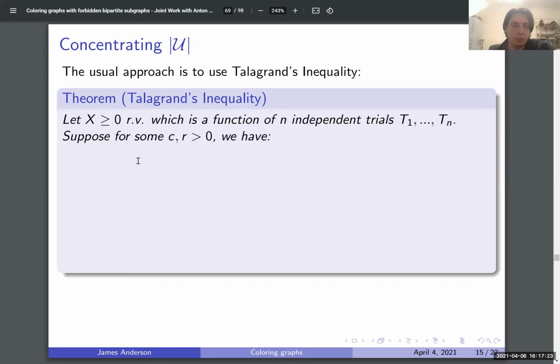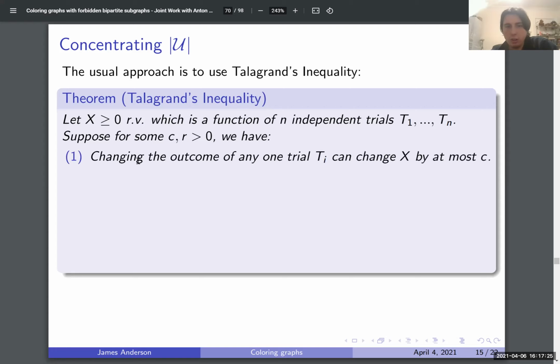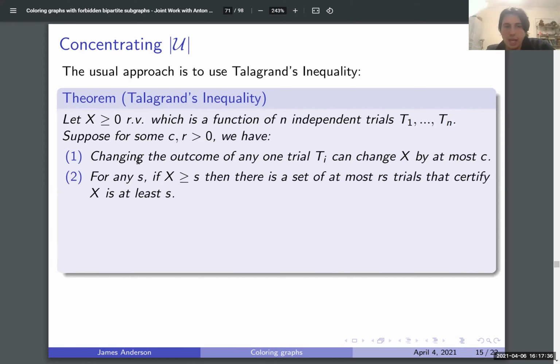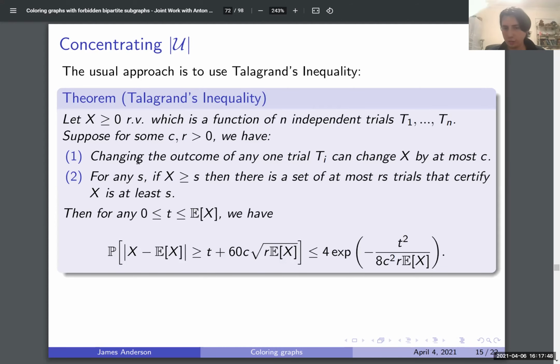So if we have, for some C and R greater than 0, that changing one of these trials can only affect X by some amount C, and if for any S, if X is at least S, then we can find a set of at most RS of these trials that will ensure X is at least S, then we get some nice concentration results. We have essentially that X is well concentrated.